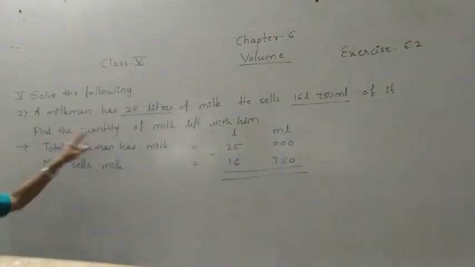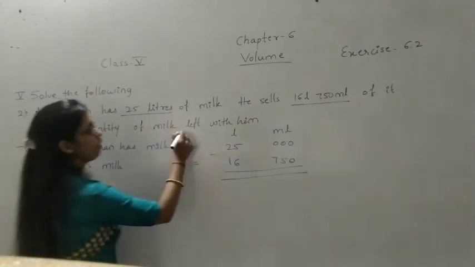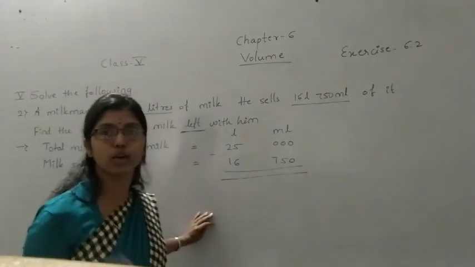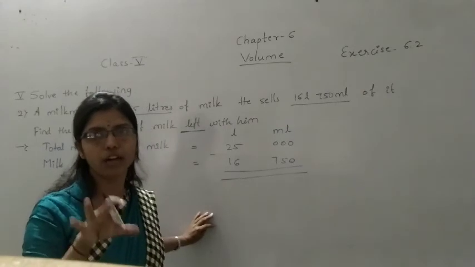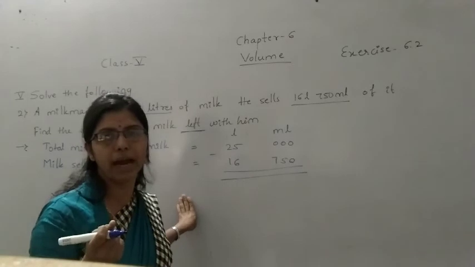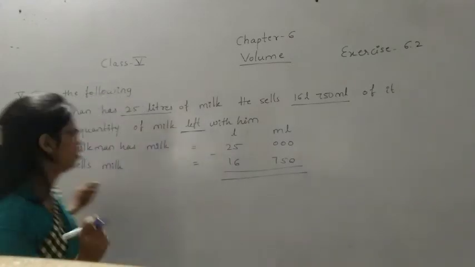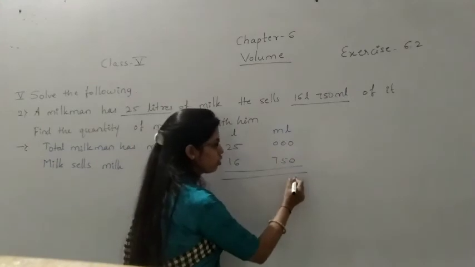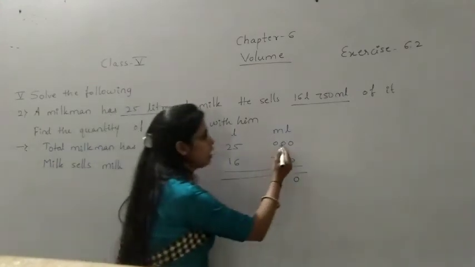In the first question they asked the total quantity of groundnut oil. Here, how much milk is left with the milkman? That is, we should do the subtraction. See, 0 minus 0 is 0 only. 0 minus 5 is not possible. So we should take 1 carry.